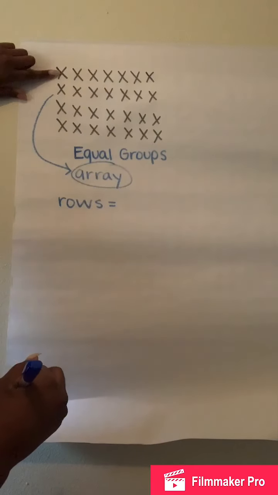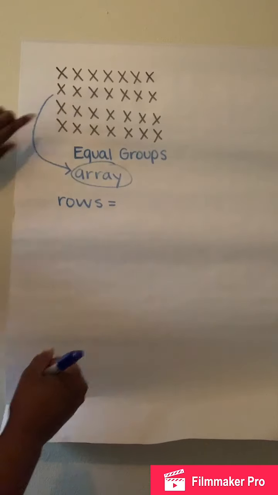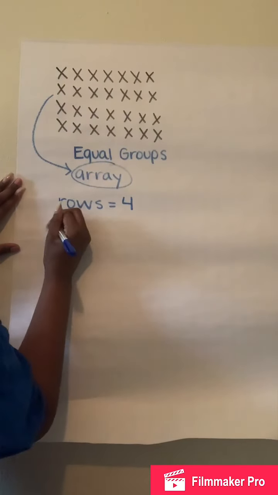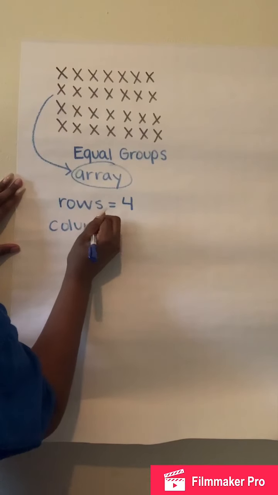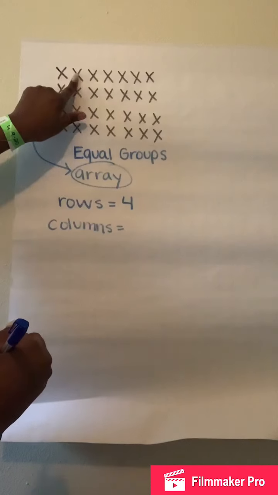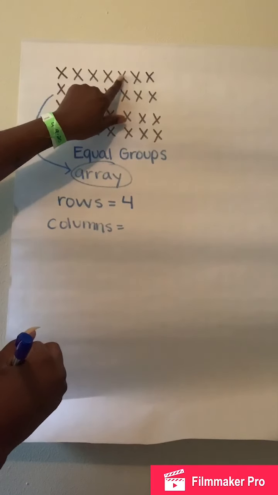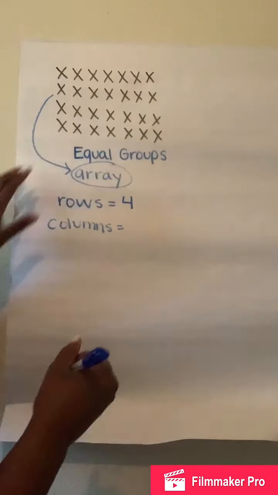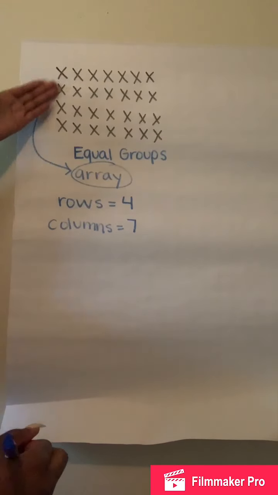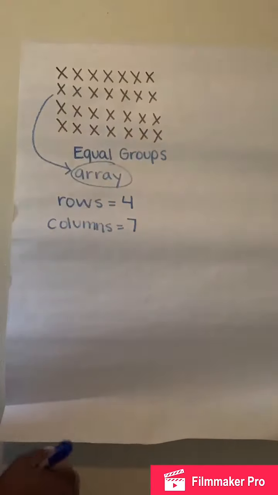I have 1, 2, 3, 4. 4 rows. How many columns do I have? 1, 2, 3, 4, 5, 6, 7. So I know I have 4 rows and 7 columns.